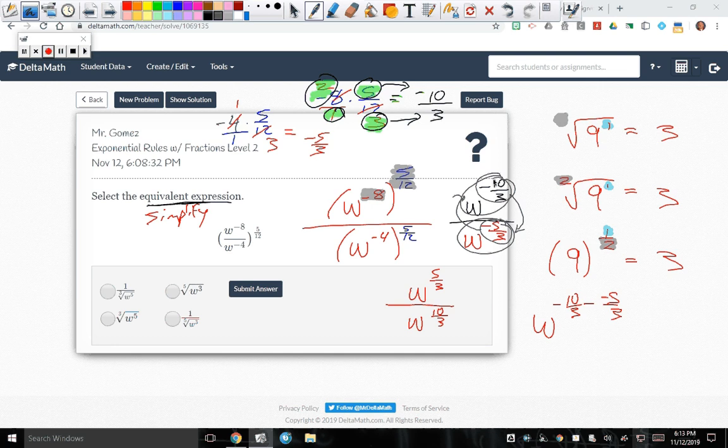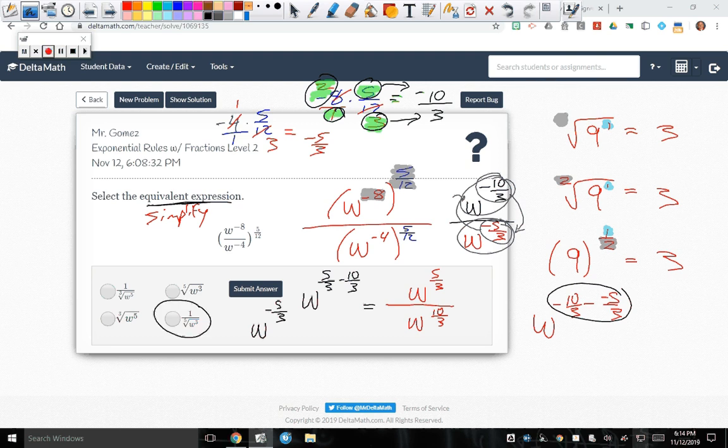Okay? So what does this mean? I have 5/3 on the top, 10/3 on the bottom. If I subtract here, it will look like 5/3 minus 10/3, which I get what? -5/3. So w to the -5/3 is all of this simplified out, which looks like it would be that one.